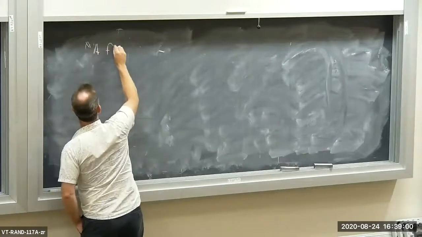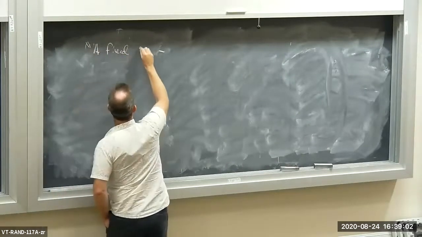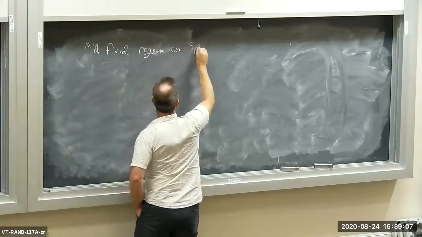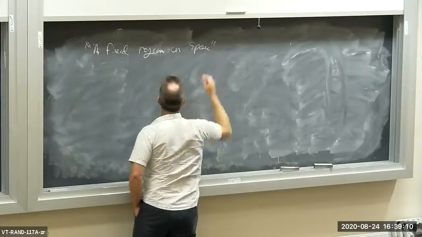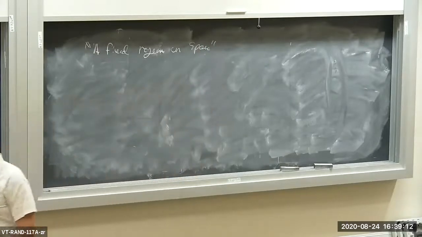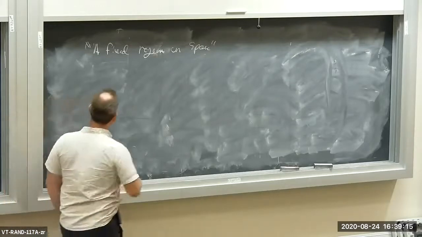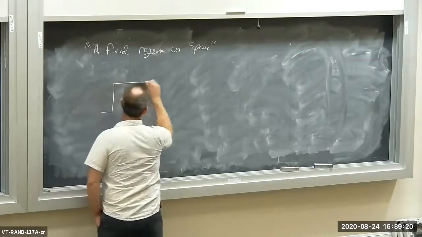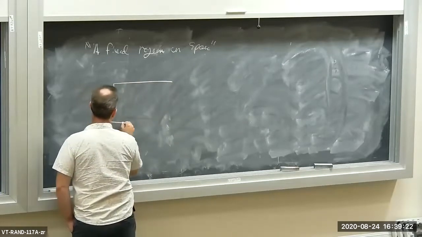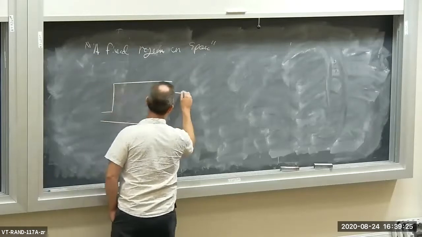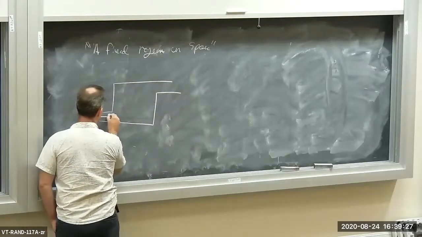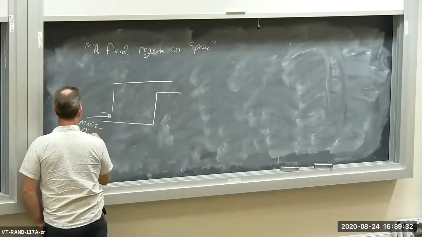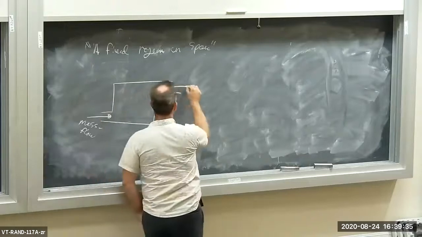Well, let's say we have some kind of a pipe or a device, and it has mass flowing in and mass flowing out.